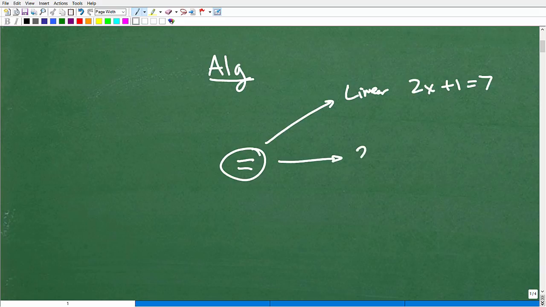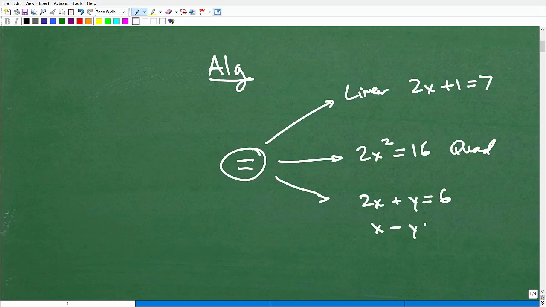Then you have all kinds of stuff, like say 2x squared equals 16, right? This is a quadratic equation. Then you can have things like 2x plus y equals 6, x minus y equals 1. What type of equation is this? Well, this is a system of linear equations, a system. Okay, so again, other type of equations.